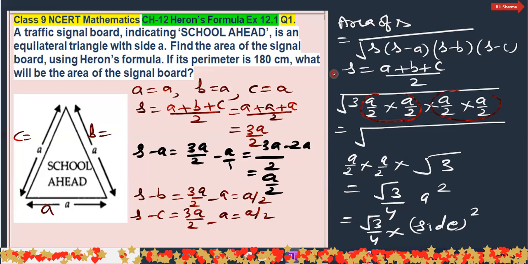This is the formula for an equilateral triangle. You write down in your notebook that area of an equilateral triangle is given by root 3 by 4 into side square.